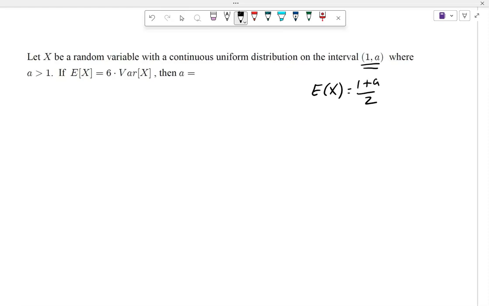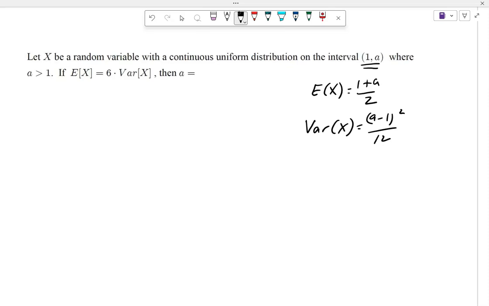Yeah, 1 plus a over 2, good. And the variance will be a minus 1 squared over 12, good.